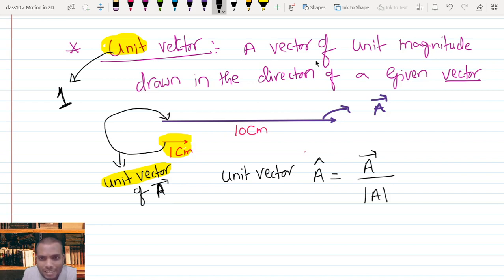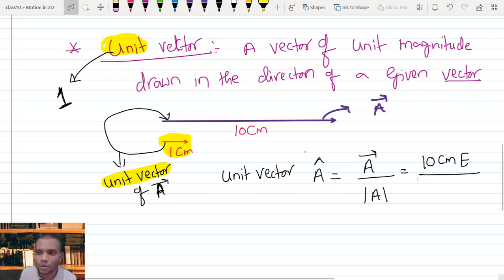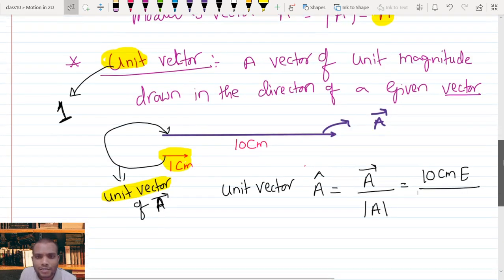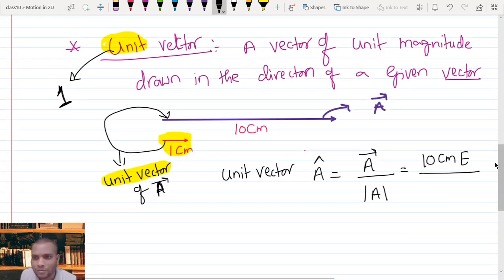Now come to this example. For the example, A bar, I have taken 10 centimeter, with the vector direction towards east. Divided by the modulus of the vector. Modulus means we get only the magnitude, so A bar modulus gives only the magnitude, and I write 10 in the denominator.